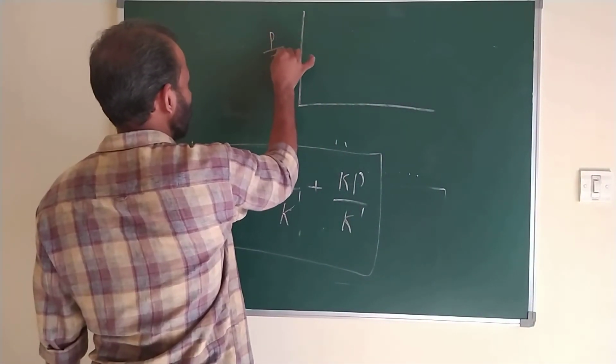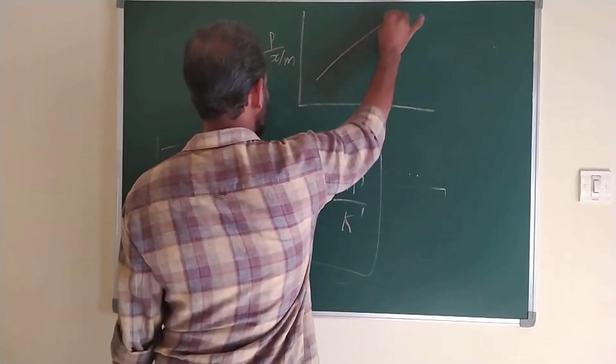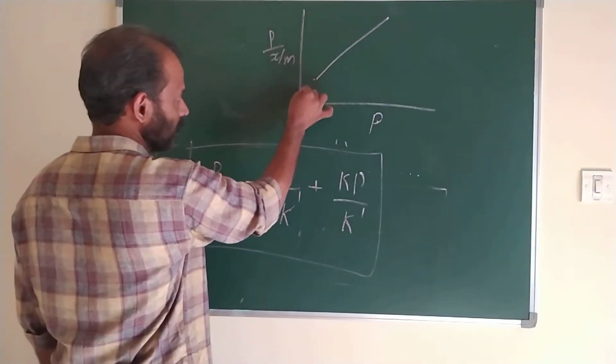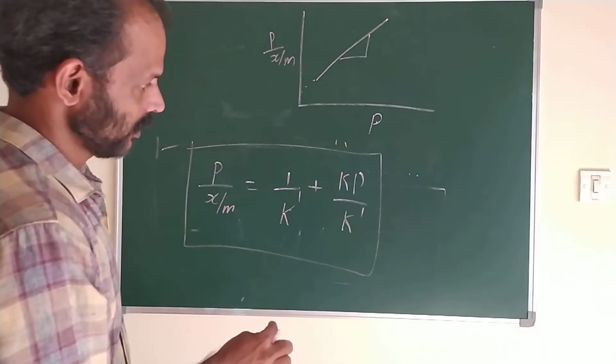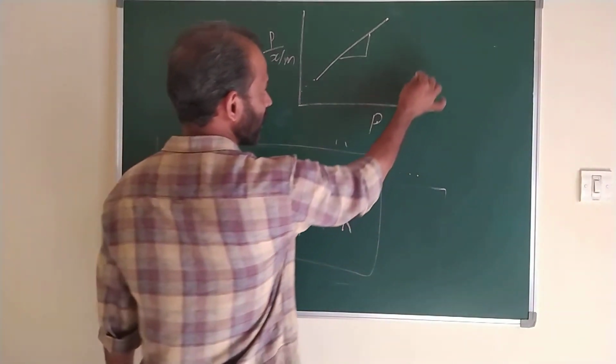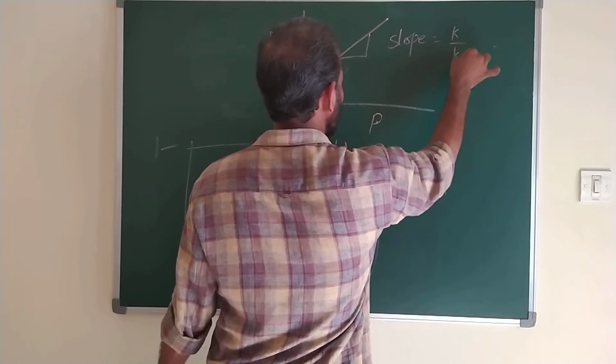What is the slope? Slope is equal to K divided by k dash.